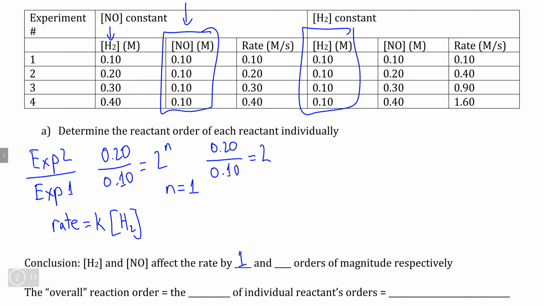All that we have left to do is to calculate the order of magnitude for nitrogen monoxide. So let's go ahead and compare the experiment data exactly the same way as we did with hydrogen gas. If we do that, we find that our two experiments involved a doubling, once again, of the concentration.